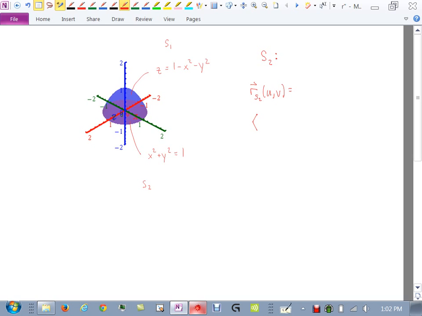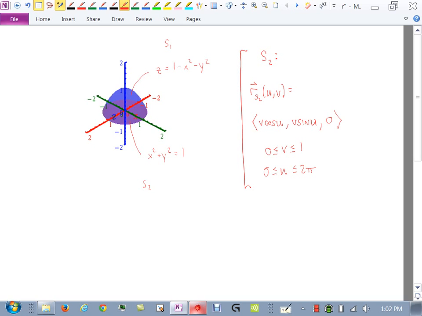What's the x-coordinate? v cosine u. Y-coordinate? v sine u. Z-coordinate is constant, 0. v is between 0 and 1 because it's a unit disk, and u is our theta, our angle, 0 to 2 pi. So that gives us that S2.